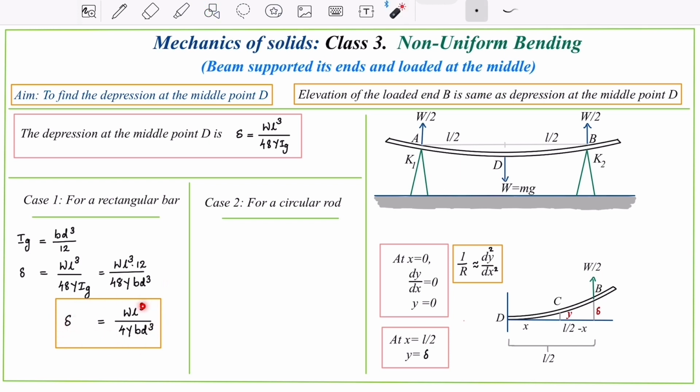Now consider the case for a circular rod of radius r. Now the geometric moment of inertia is pi r raised to 4 by 4, that we have already seen. Now what is delta?